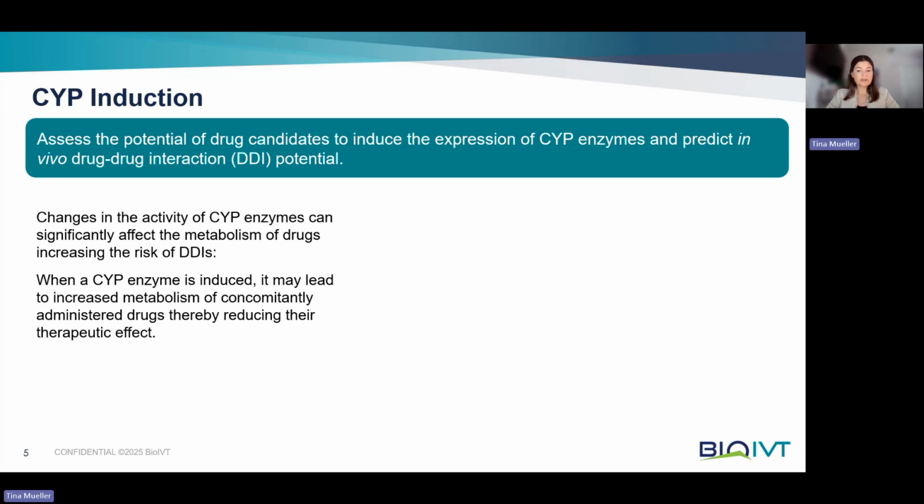So, if the activity of CYP enzyme changes, it can have a drastic effect on the metabolism of drugs that are metabolized by this class of enzymes. So the risk for drug-drug interaction is increased. In particular, if a CYP enzyme is induced and its activity has increased, this can lead to increased metabolism of concomitantly administered drugs, and as a result, their therapeutic effect might be reduced.